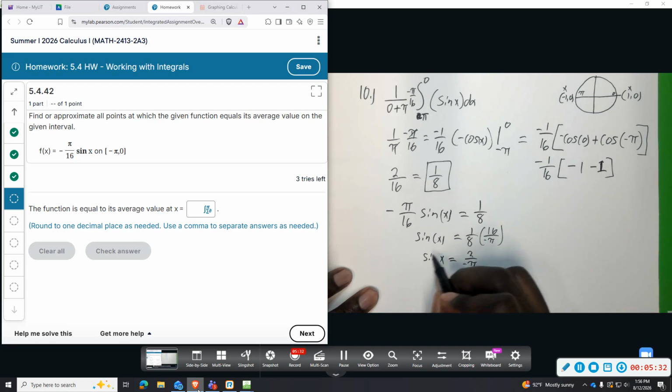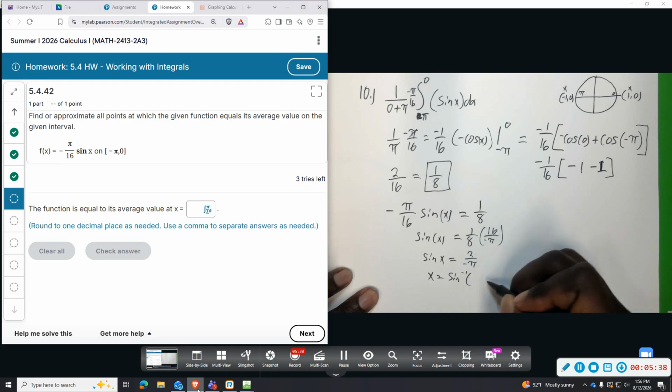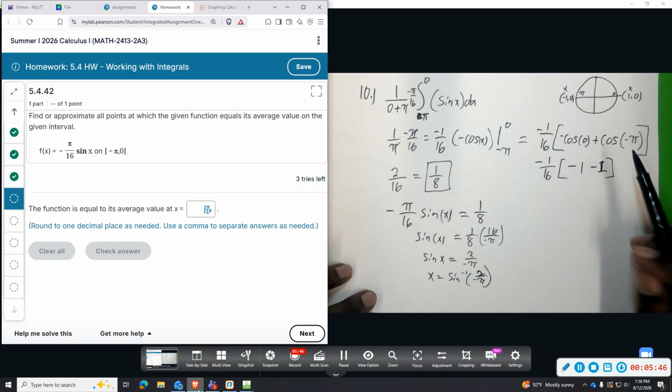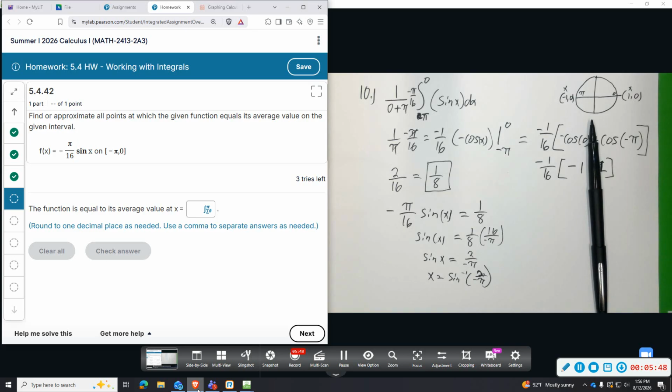And then we would do inverse sine to get x. So x would be sine inverse of 2 over negative pi. Okay, so this would get us close, like an answer by hand, but we are wanting to round to 1 decimal place, and this gives you 1, but there's usually two values because of properties of symmetry.